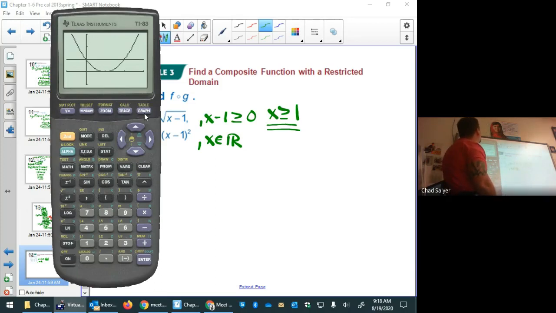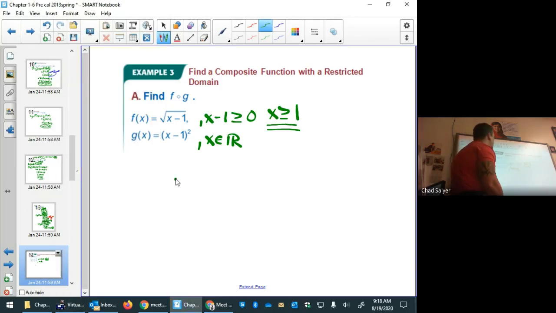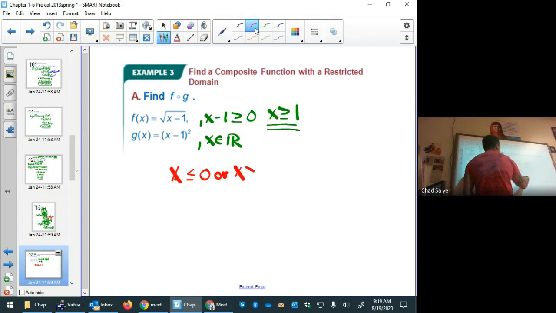So I cannot use an x value of g between 0 and 2, but the bounds will be included. So it's going to have to be the case, and this is just analyzing for the domain here, that x is less than or equal to 0 or x is greater than or equal to 2.